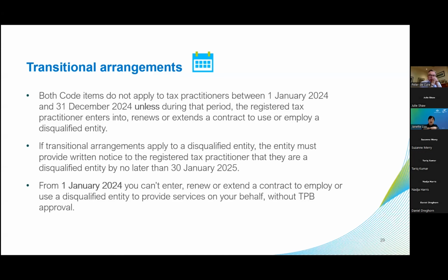So there are some transitional provisions in place that hopefully make it a little bit easier for you going forward, particularly over the next 12-month period. So look, with that, we've given you a very quick rundown as to how Code Item 15 and 16 operate. And Peter, if you wouldn't mind maybe just talking through some of the consequences and impacts of not complying with the code.